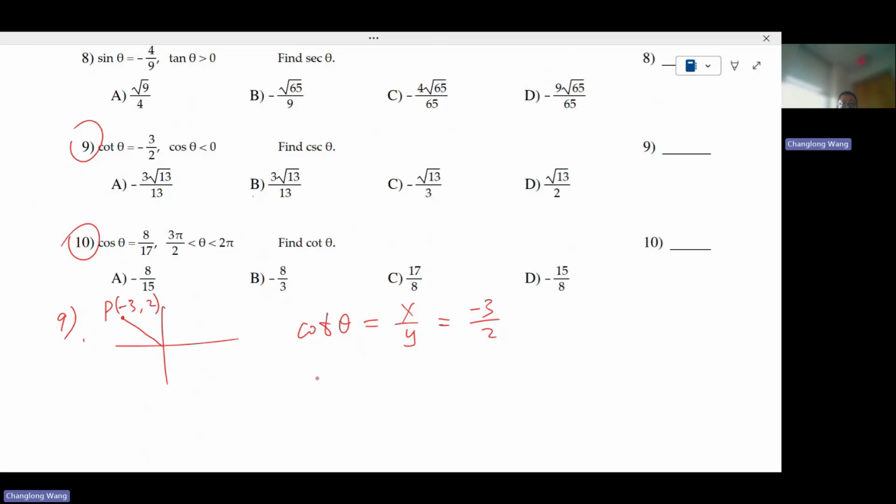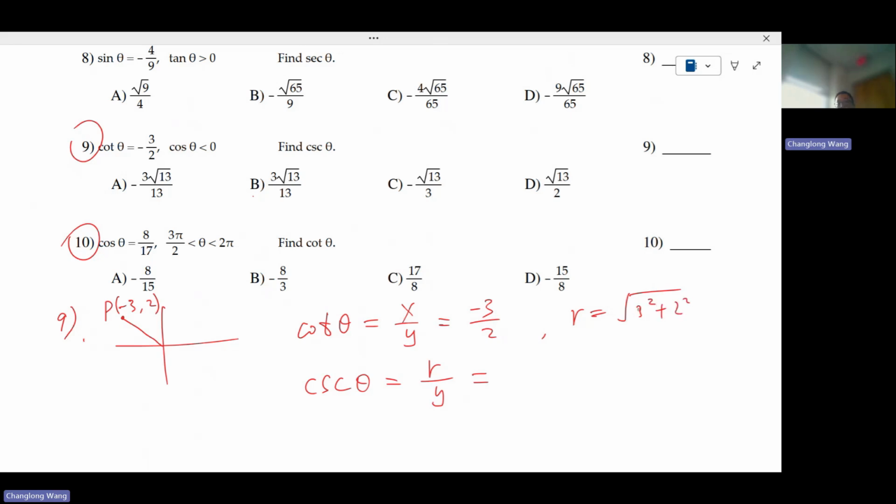So now what else do I need? Okay, cosecant. All right, cosecant is the reciprocal of sine, right? Sine is opposite over hypotenuse, opposite of y. So that means it's r over y. Let me know if I did it wrong. Because I need an r. Okay, so let's go ahead and find out what r is. r is the square root of 3 squared plus 2 squared.